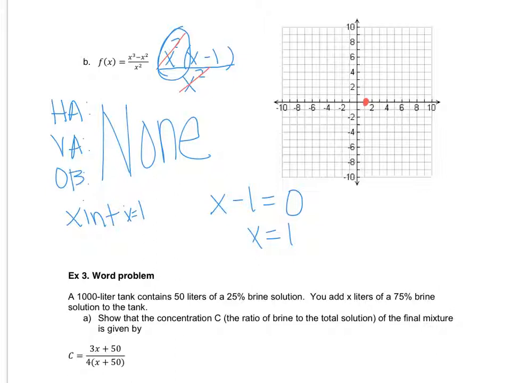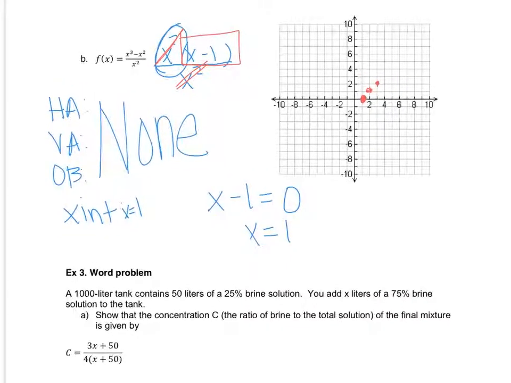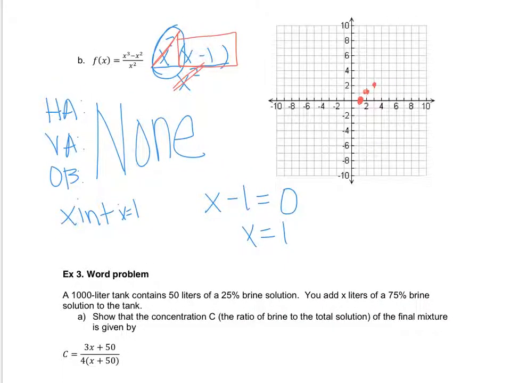Now, because these two terms canceled out, this is essentially what my graph is going to look like, which is just a line. However, remember, we do have a hole at 0. So when we're graphing this, we're going to have a hole there. And that's what it's going to look like.